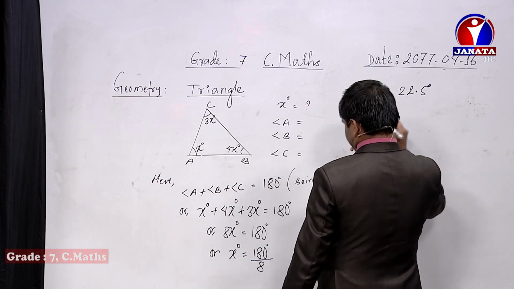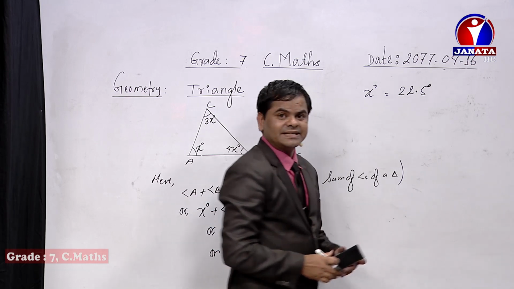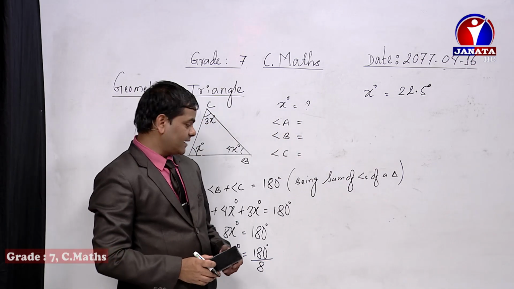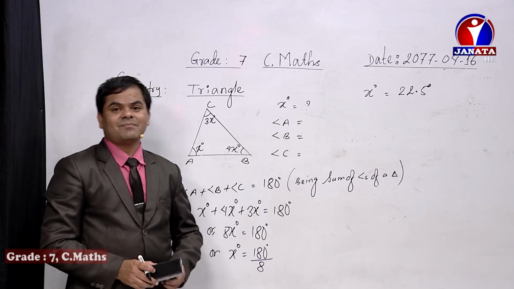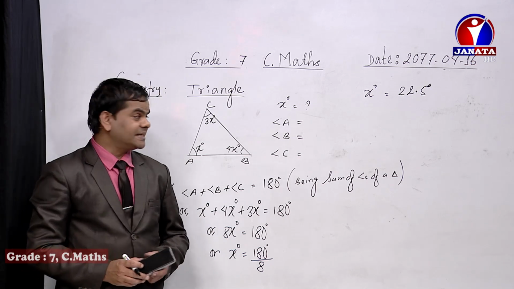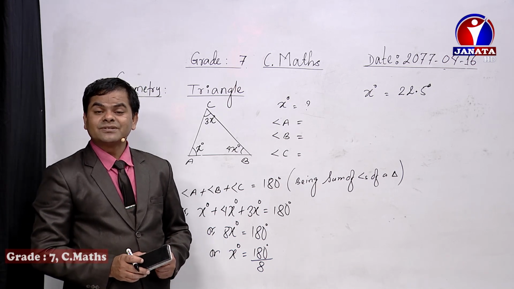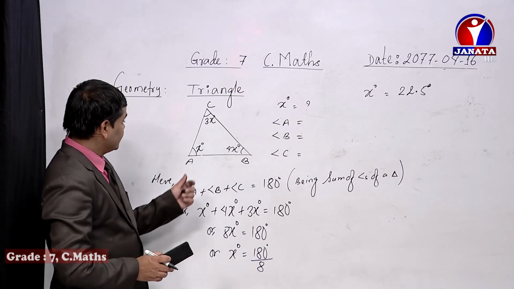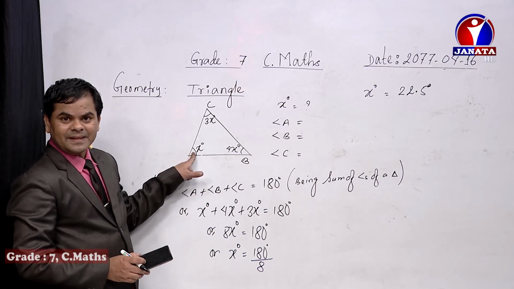Okay, x degree equals 22.5 degree, isn't it? If you use a calculator, then when we divide 180 degree by 8, it will come as 22.5 degree. It means the value of x we got is 22.5 degree. It means there is 22.5 degree, dear student, in this angle.